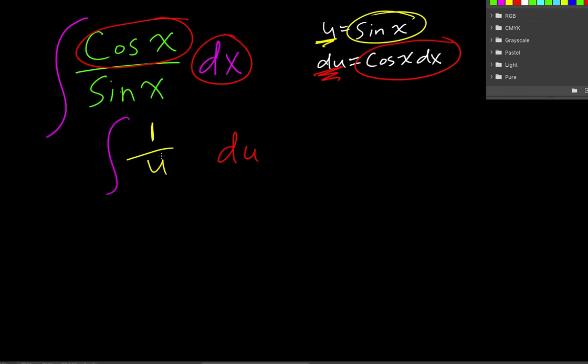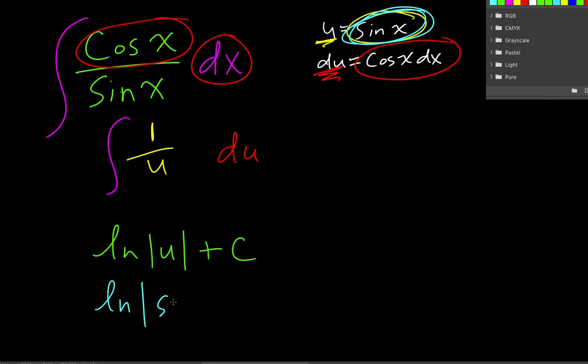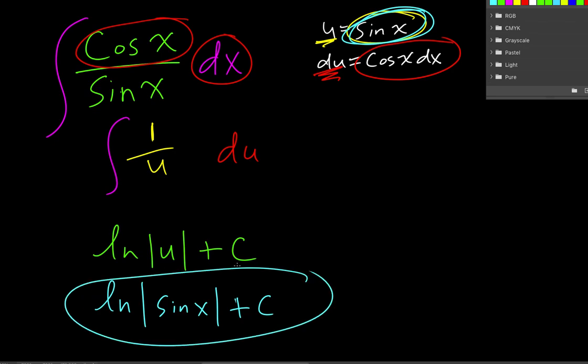Okay, from there, we know that the antiderivative of 1 over u is natural log absolute value of u. And we say plus c. And then the last thing we need to do is just replace the u with the sine x. And that's our final answer.